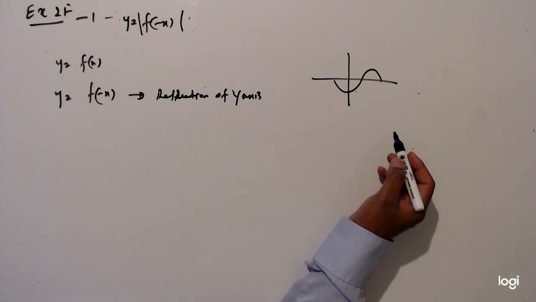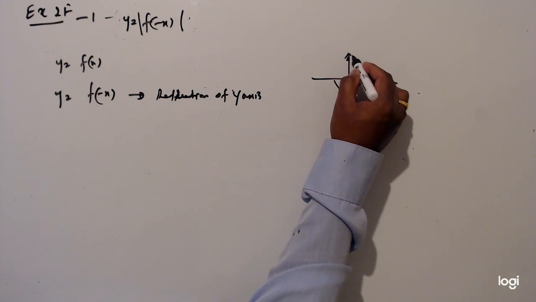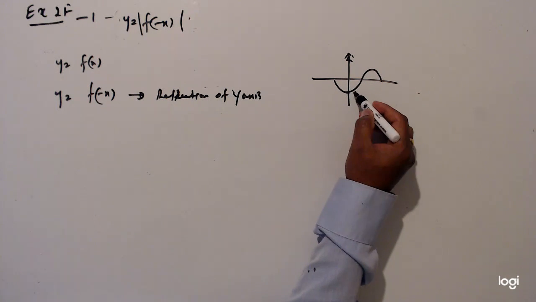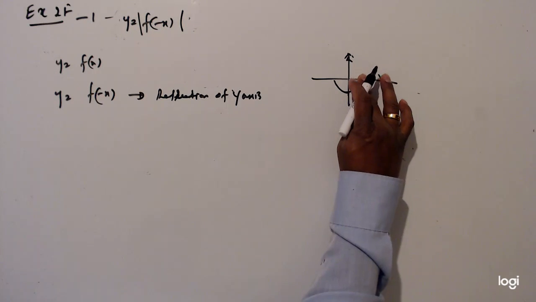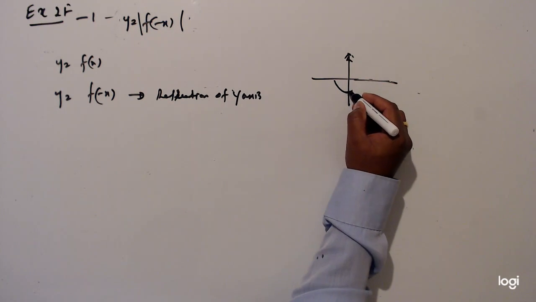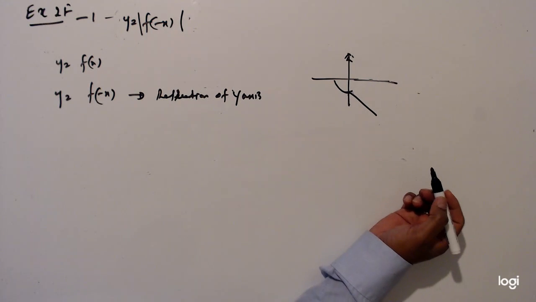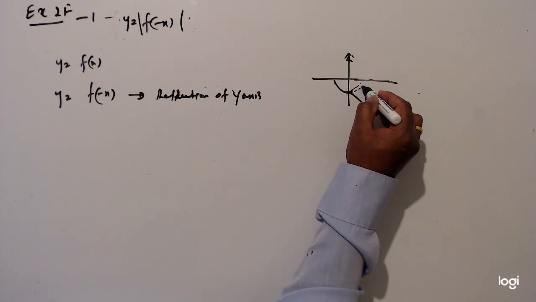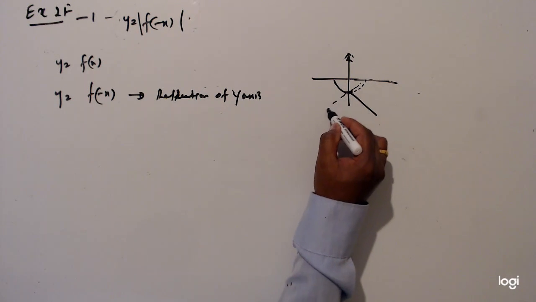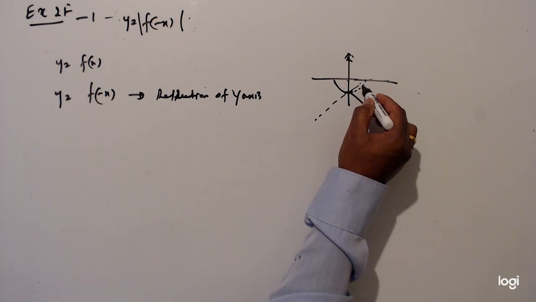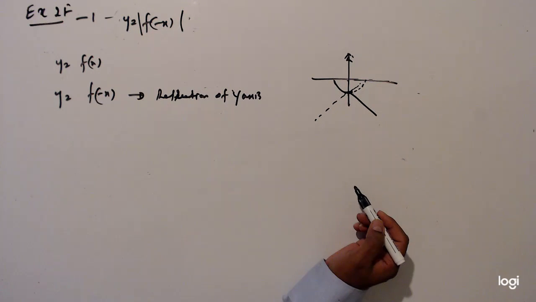So reflection in the y-axis means this part is going to be, okay, let me change this one. This part is here and this part is here. So this is the reflection in the y-axis.